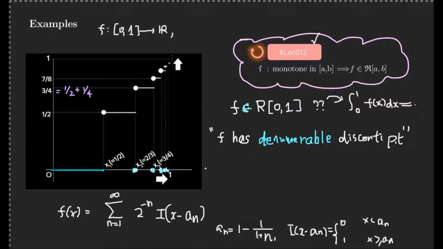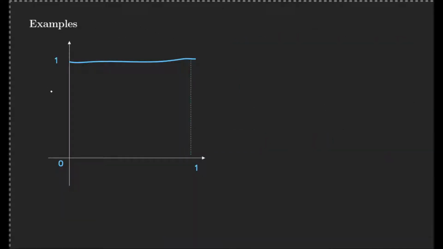This is our first question we must have. In this lecture, I'll explain the relation between discontinuous points and the possibility of the Riemann integral. Let's consider another example in order to approach the motivation.